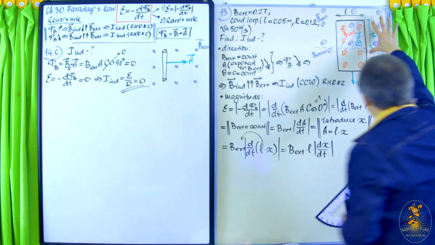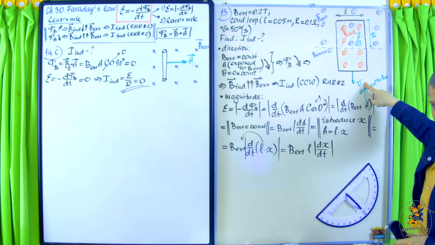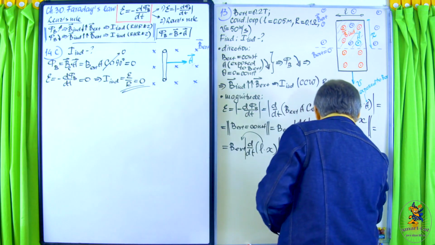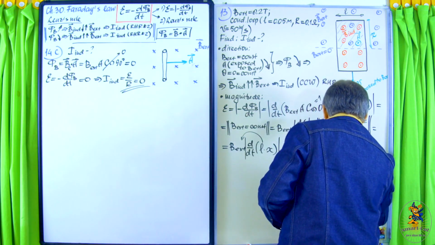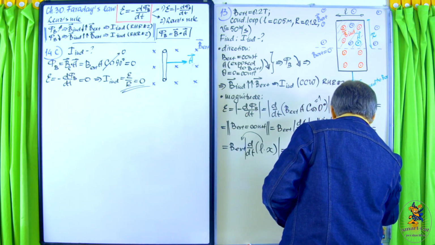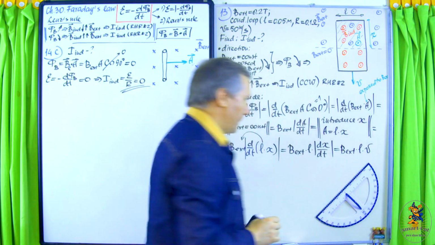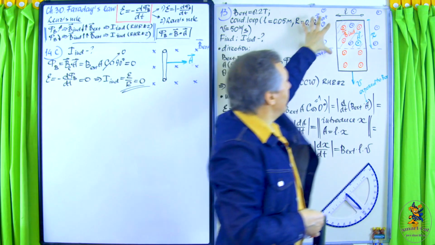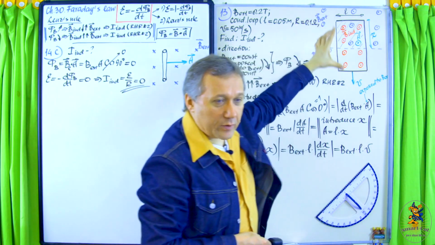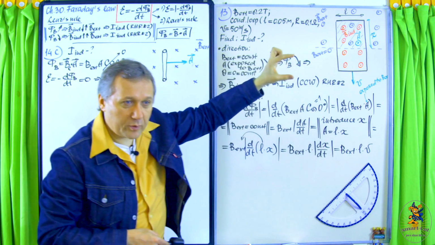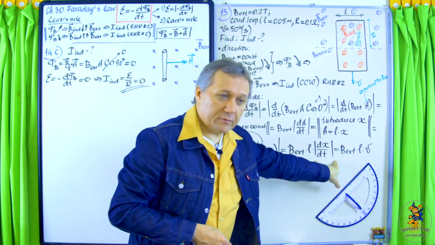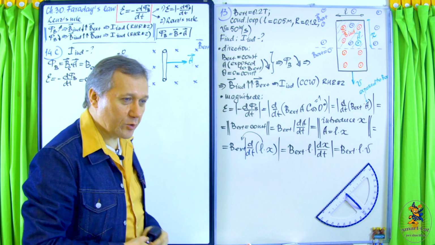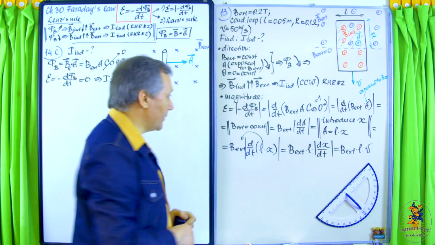How fast does this x change in time? It's v, it's speed. So it is equal to B external times L times v. Of course, this dx over dt is negative because x is getting smaller, but we have the sign of absolute value. So we need to know only the magnitude of EMF.